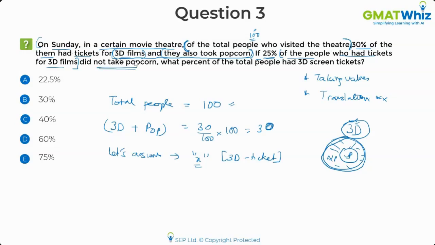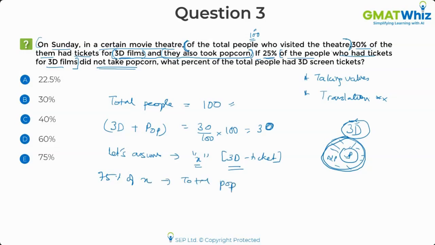If 75% of the people who had 3D tickets did not take popcorn, what percentage took popcorn? Yes, it's correct, Navneet. Obviously 75, because 25 are not taking it. Total is obviously 100%.